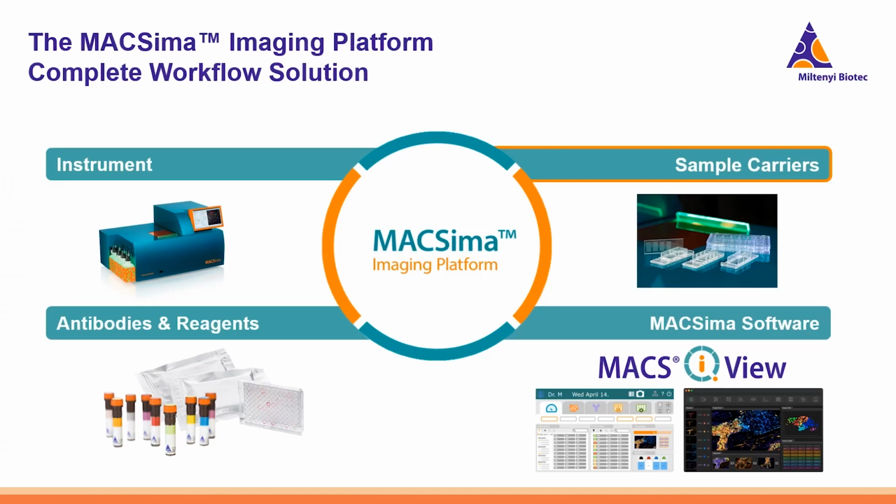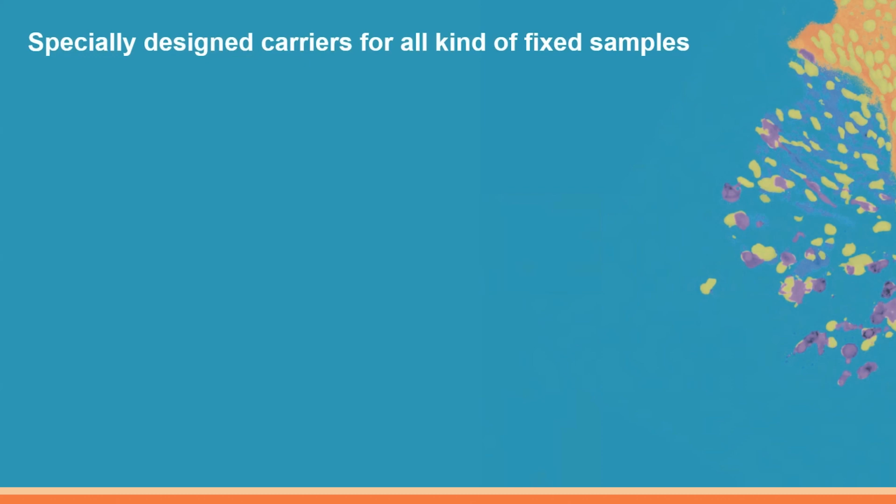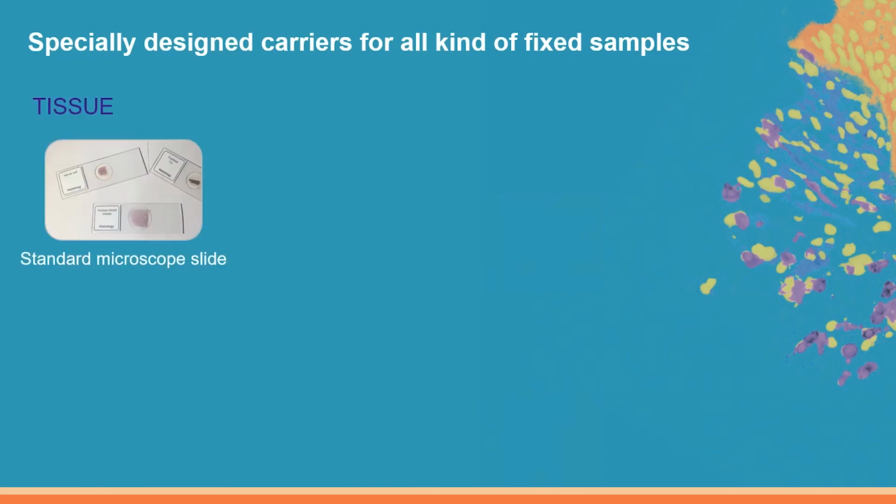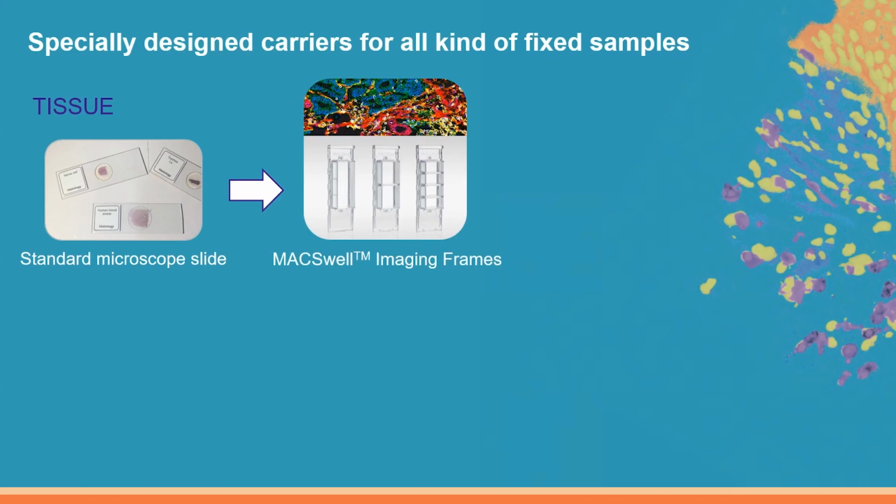Our second aspect of the Maxima imaging platform are the sample carriers, and these sample carriers are specifically designed for all kinds of fixed samples. For example, if you have your tissue already on a standard microscope slide, for example your FFPE tissue, then you can just use one of our Maxwell imaging frames, and these you click on top of your standard microscope slide, and you don't have to move or change your tissue sample.